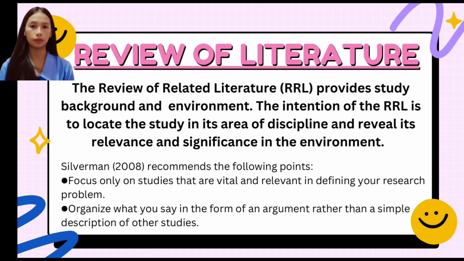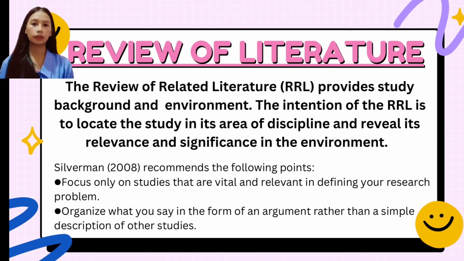Organize what you say in the form of an argument rather than a simple description of the studies. So a review of literature in reports provides a comprehensive understanding of existing knowledge on a specific topic, critically analyzes the information, and presents it in an organized and structured manner to support your report.